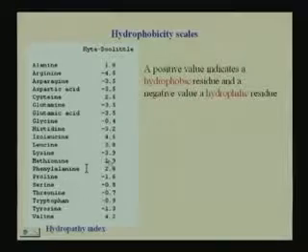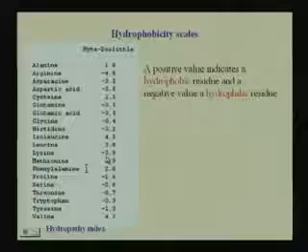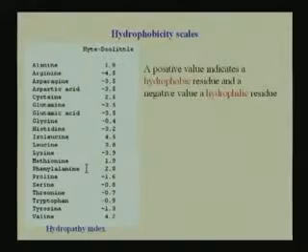Look at the negative ones. Lysine. Lysine is a positively charged amino acid residue. It has a positive charge, but a negative hydropathy index indicating that it is a hydrophilic residue. It would rather remain on the surface of the protein than be embedded in the protein.